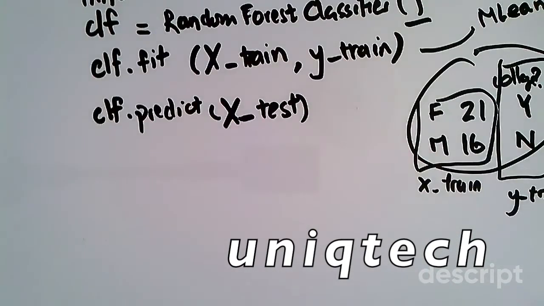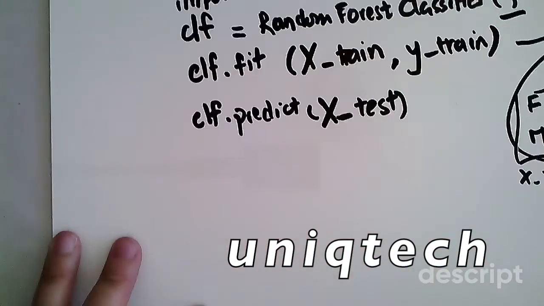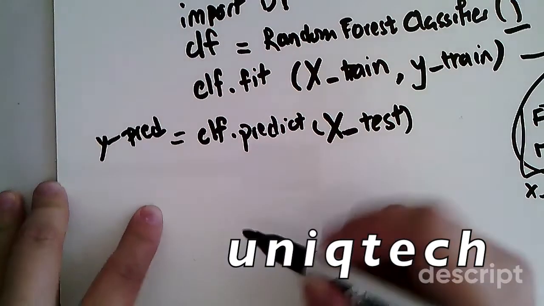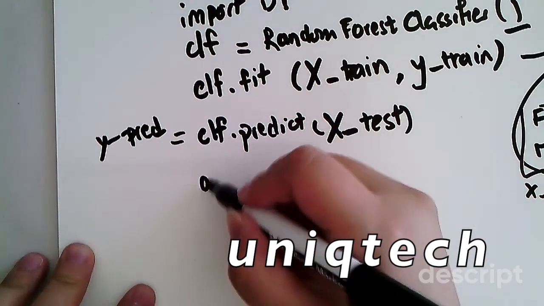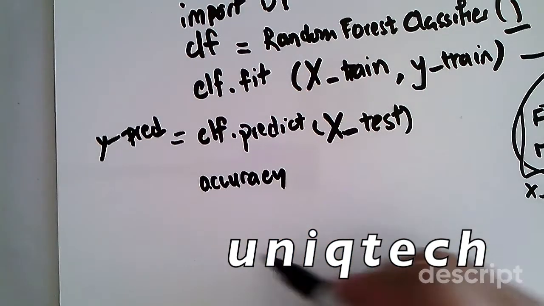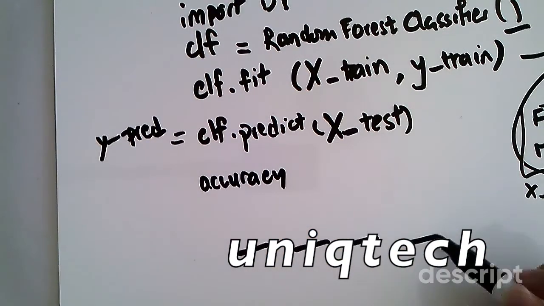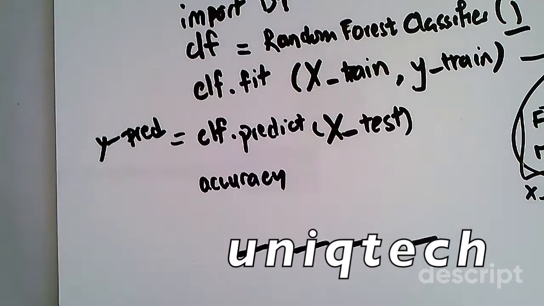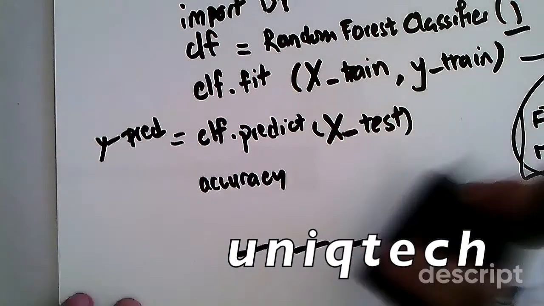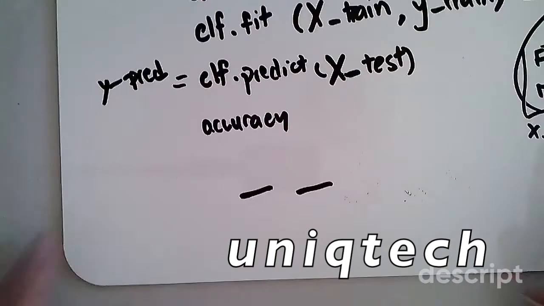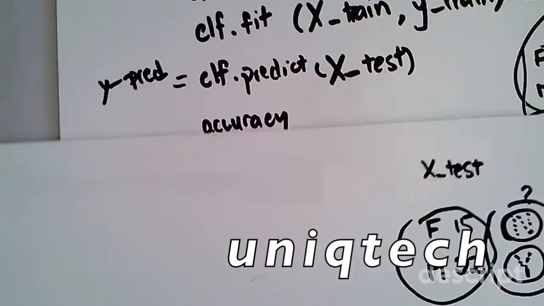We usually set this side equal to Y predict. And in the case of a classifier, you usually have an accuracy score. What does that mean? It says, out of the answers I'm supposed to predict, how many did I get right? Let's imagine here there are only 2 slots, remember? So let's erase this. Okay, so we only have 2 slots. And say this is a female.